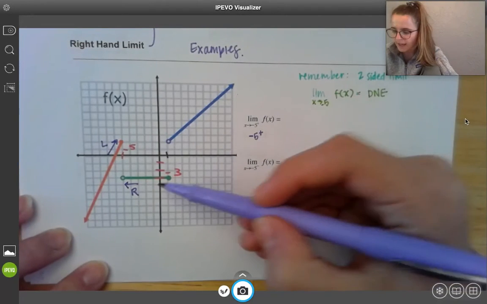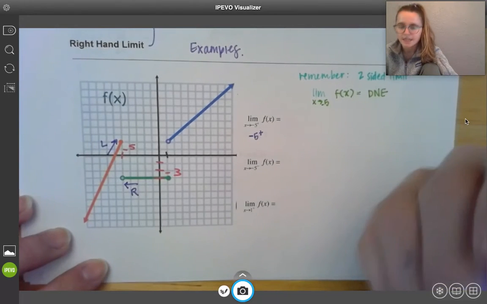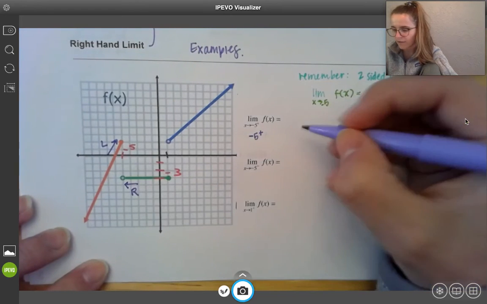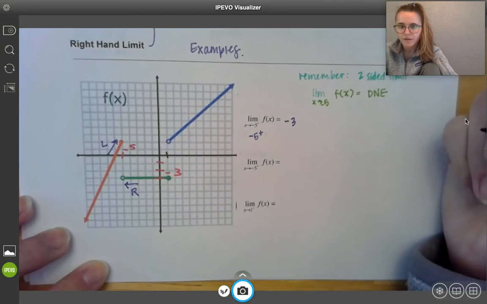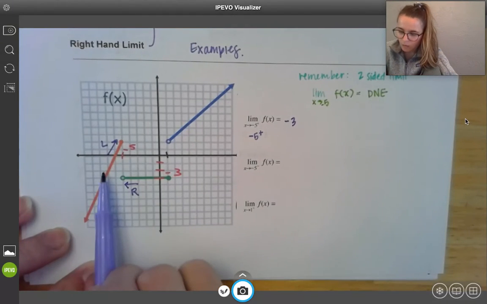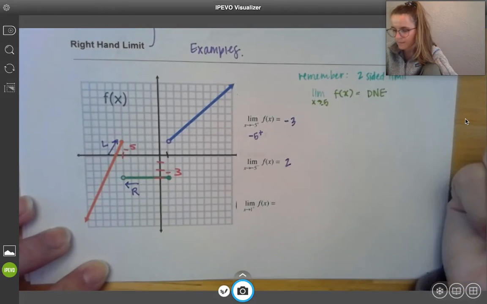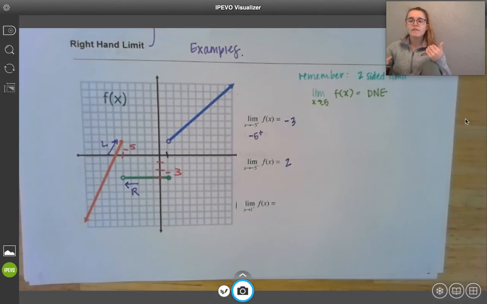If we're following our graph, because this whole piecewise function is our graph of f of x, from the right we're approaching -3. From the left side, we're approaching positive 2. Remember the limit isn't asking for the value, it's asking what it's approaching on the graph.